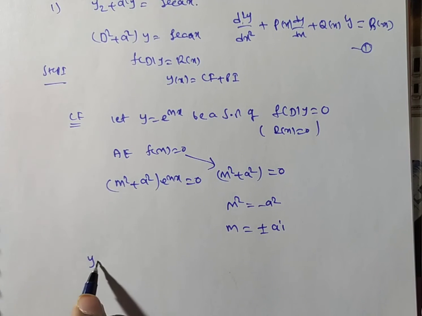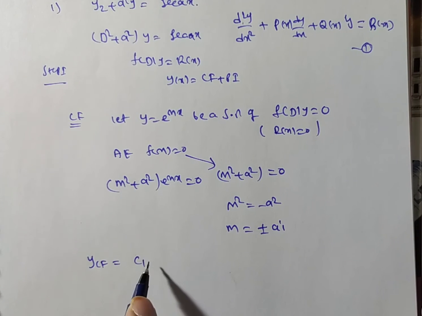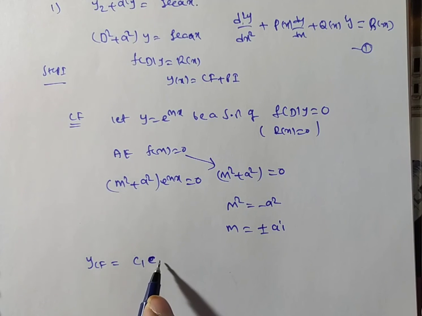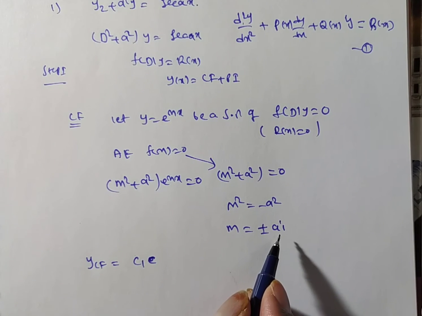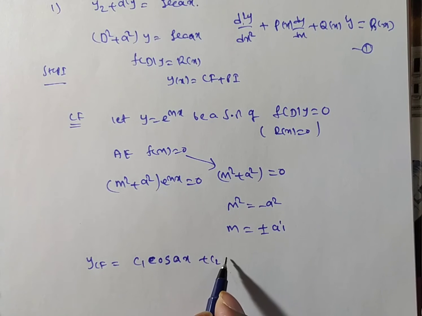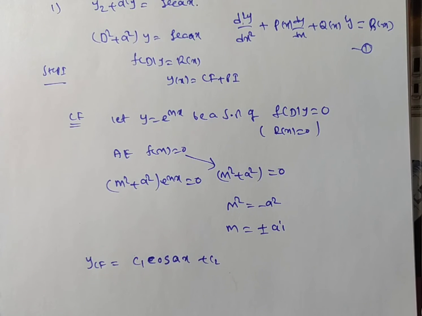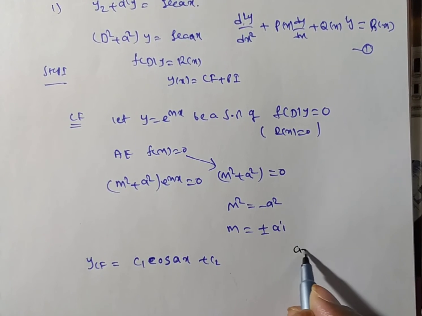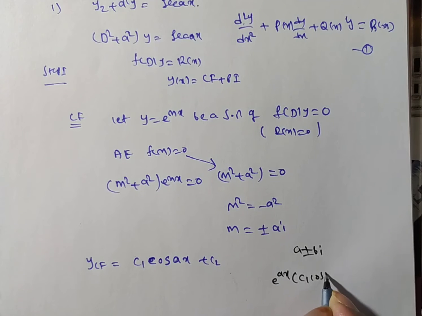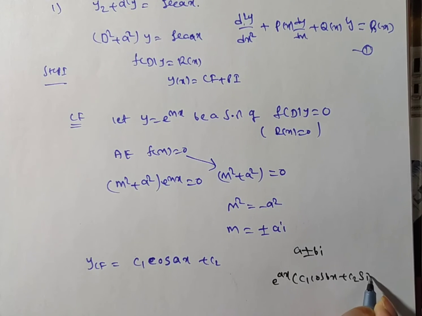In this case the complementary function is obtained as follows. One second friends, if the roots are in the form a ± bi, then we write e^(ax)(c1 cos bx + c2 sin bx).